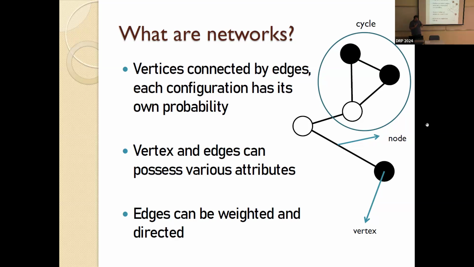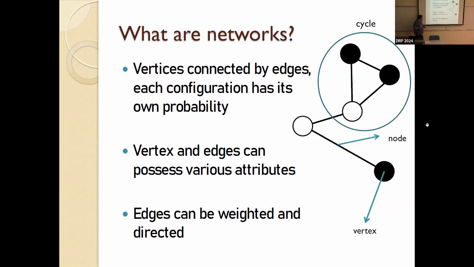And the main difference of networks from graphs is that vertices and edges of networks can have various attributes that I won't touch here, but these attributes can be used to let these networks model some real-life systems, such as brain networks, neural networks, social networks, and all that stuff. And one important property is that edges can be weighted and directed. We won't see many examples in this presentation, but for some models, there is importance in that weight and directedness.